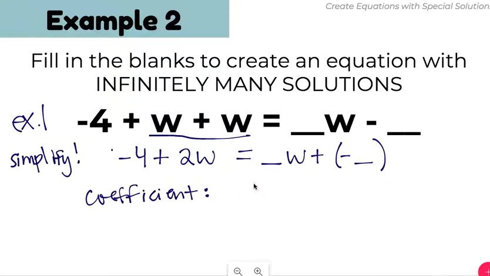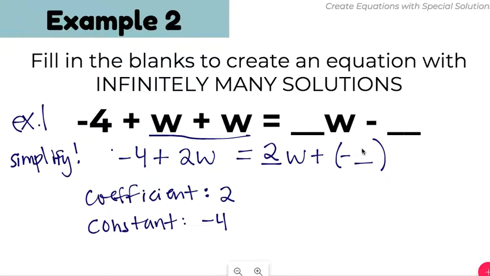Okay, so I'm going to look on each side and figure out which side has the constant or the coefficient given, and it's a 2, right? My constant is a -4. So that means each side has to have a coefficient of 2 and a constant of -4. The coefficient part's easy. Now the constant has to be -4.